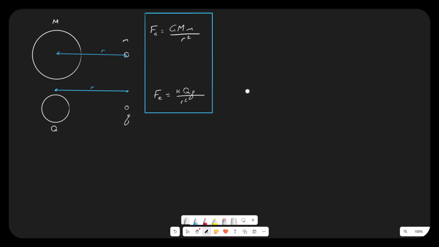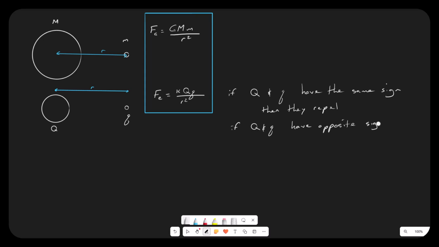If we have two charges, Q and Q, that have the same sign, meaning both positive charges or both negative, then they repel. If Q and Q have opposite signs, they attract. So a positive and a negative.